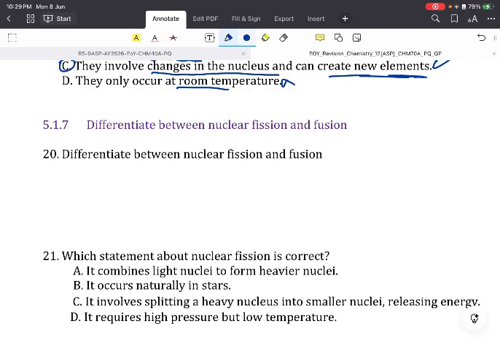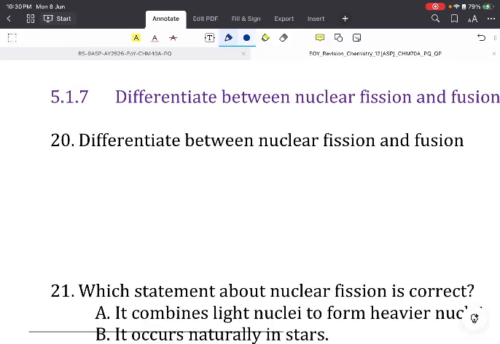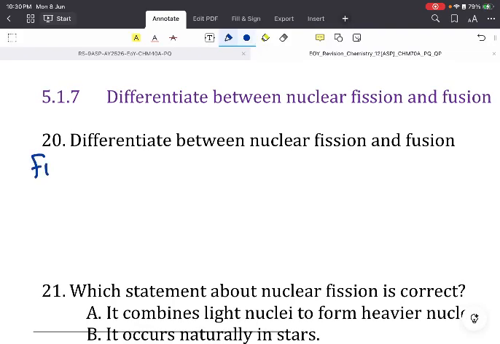Now, the next question is to differentiate between fission and fusion. So, fission: I have a large nucleus that's usually unstable.